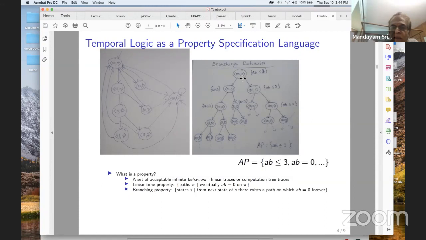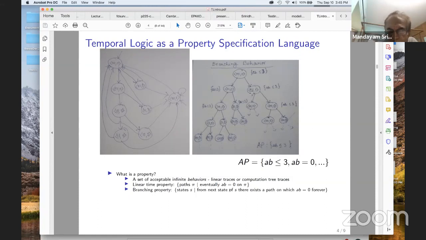Obviously, the root state does not satisfy that, because both its successor states are not 0. But is there a state in which that thing is satisfied?